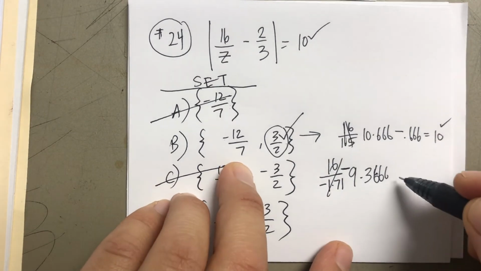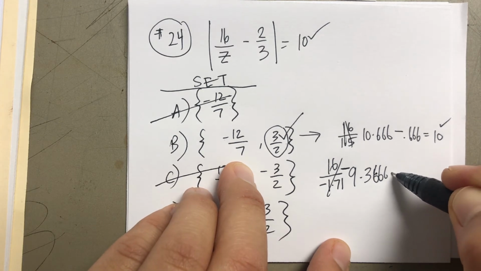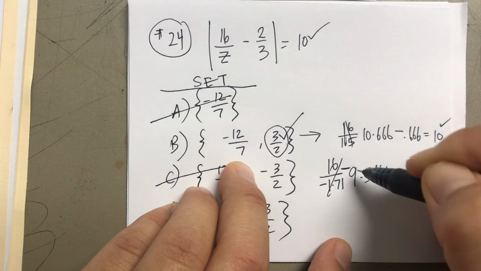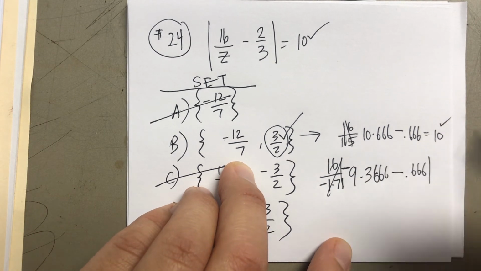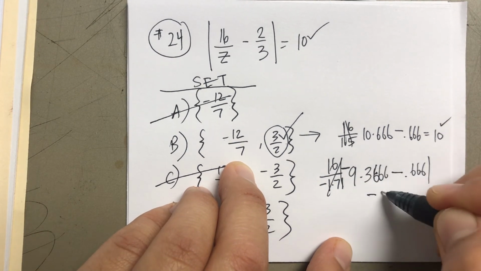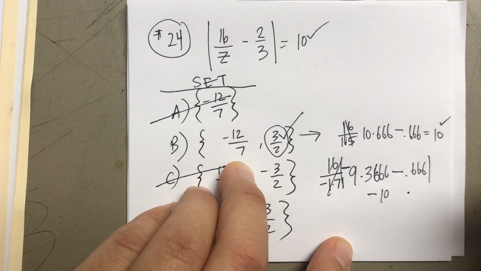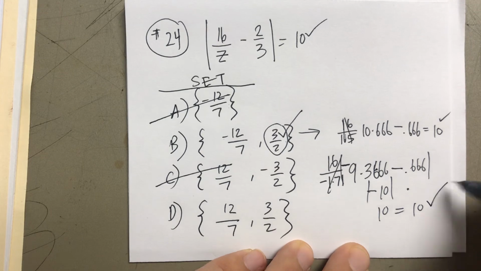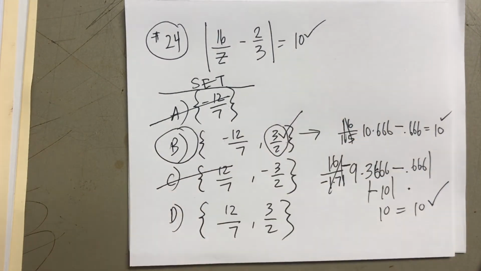And then we're going to have minus, so it's negative this plus negative this, but it's an absolute value sign. So when we take it out of the absolute value sign, that becomes negative 10, but it's an absolute value sign. We take it out, 10 will equal 10. That works. And that's why B is the answer.